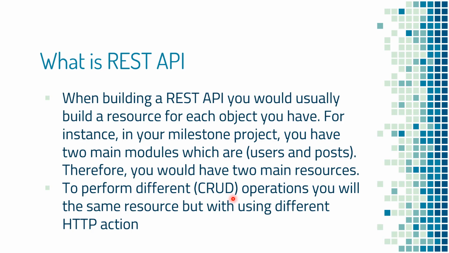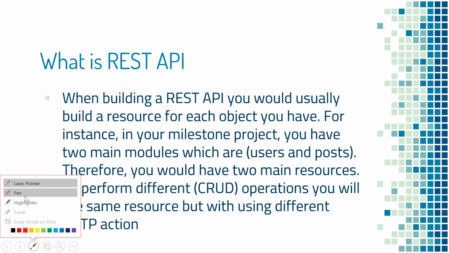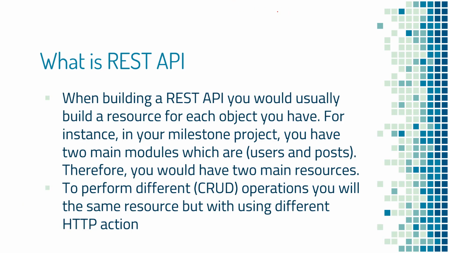And to perform different operations on these resources, you will use different HTTP actions. So for example, let's say this is the user. If I want to create a new user, I will go with one action, let's say POST. If I want to update, I'm going to do update.